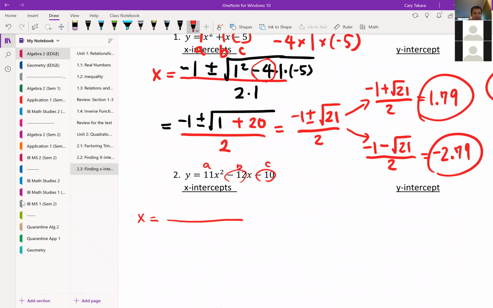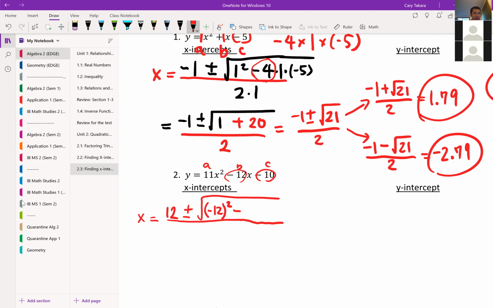So -B, or opposite of B. B is -12, so opposite will be +12. Okay, so +12 plus minus square root of, you want to put -12 in parentheses. So -12 bracket squared. Do you guys have that?